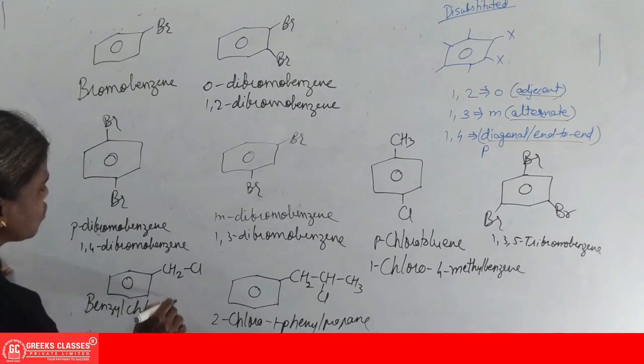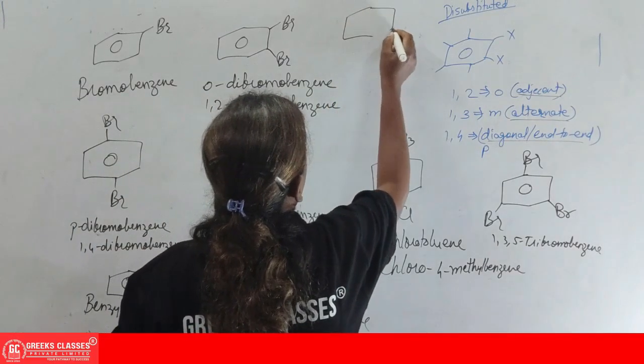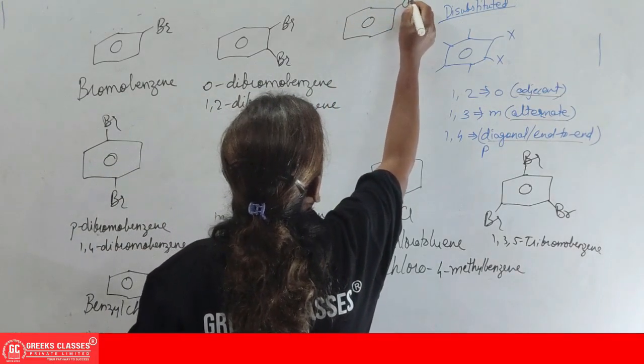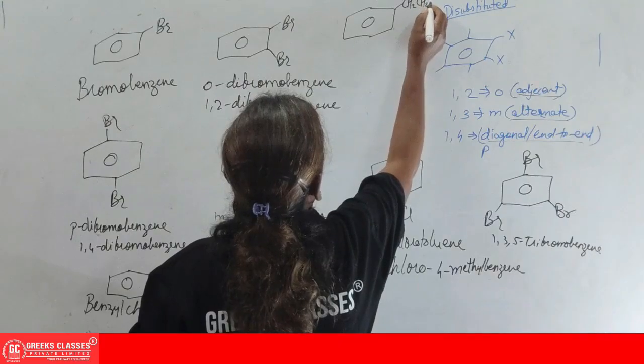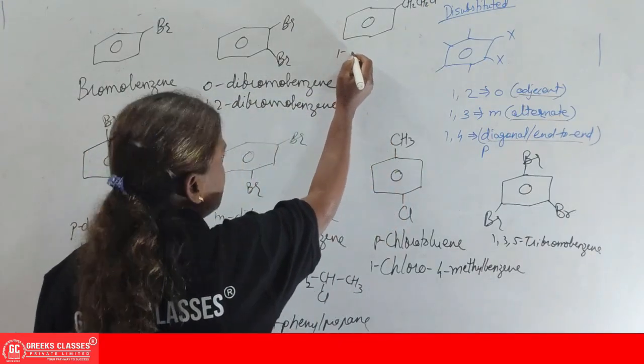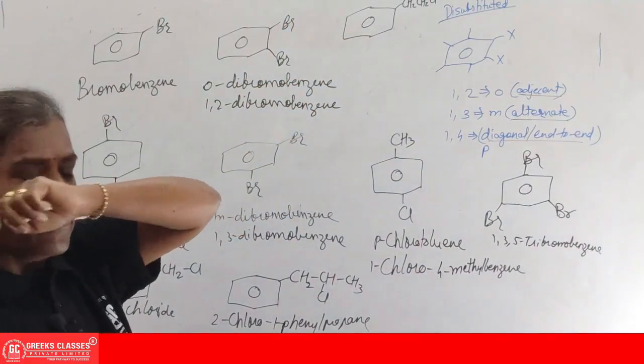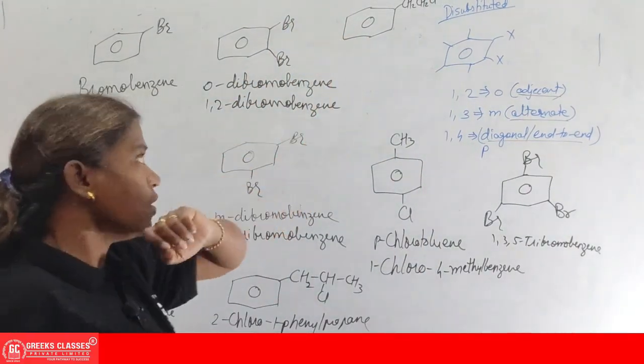And suppose there are 2 carbons, in that case let's say CH2Cl. If there is no chlorine, what would you call it? Ethylbenzene.